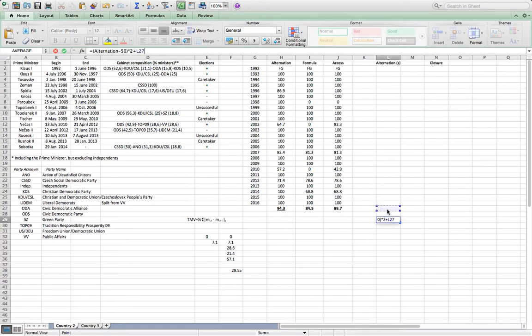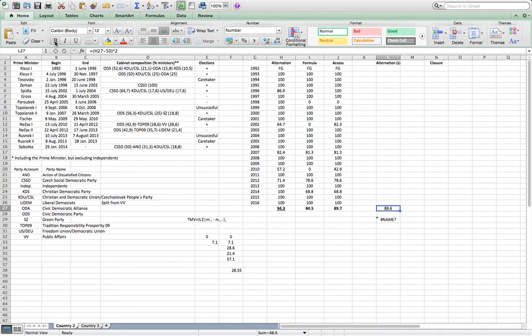So what we do is apply this formula that is there, okay? So alternation, so H27 minus 50 multiplied by 2 in brackets, and we get the standardized value for alternation.